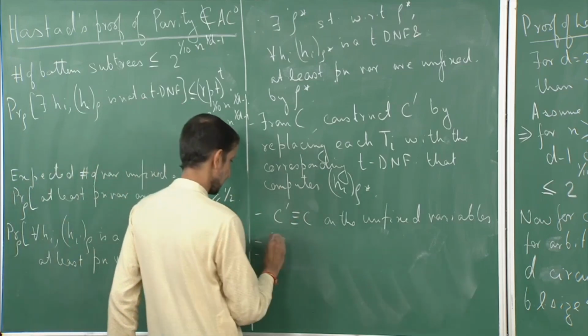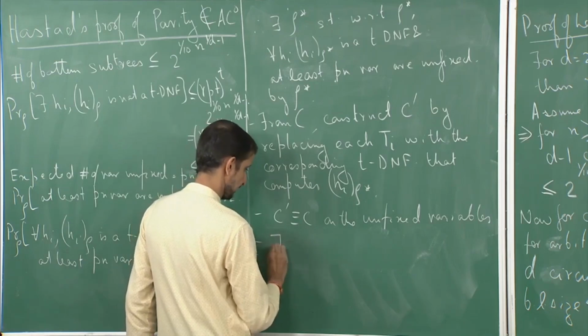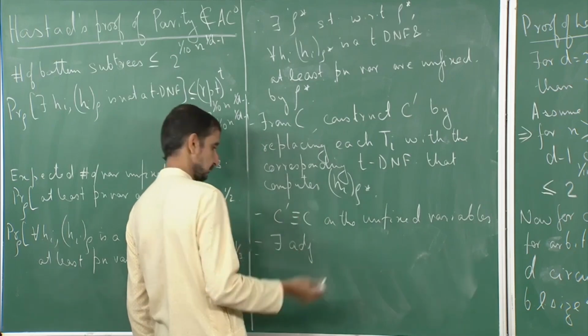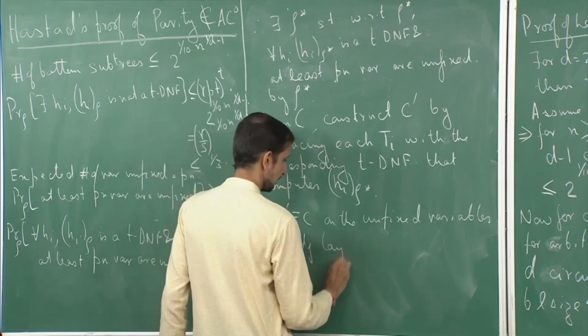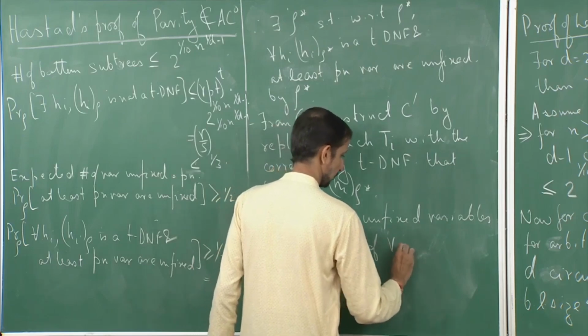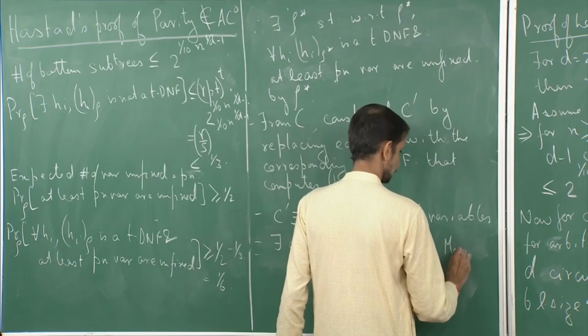Therefore, it is a DNF, so there exist adjacent layers of OR gates.